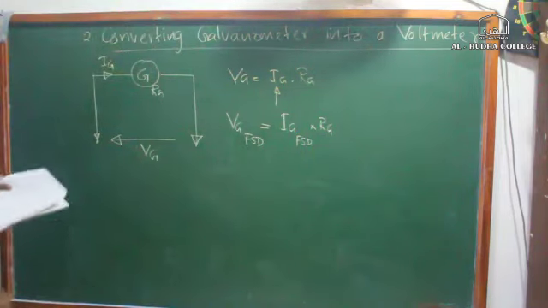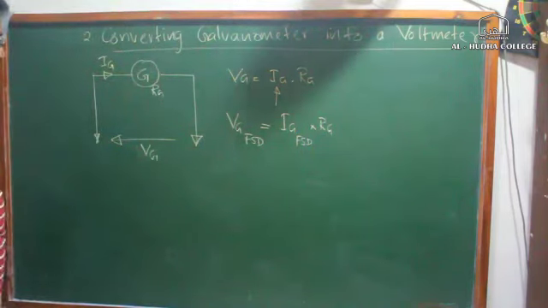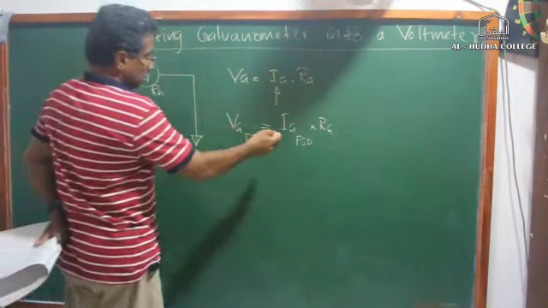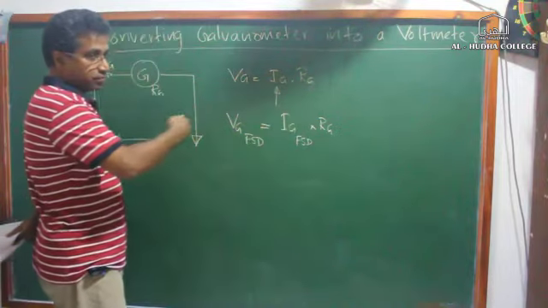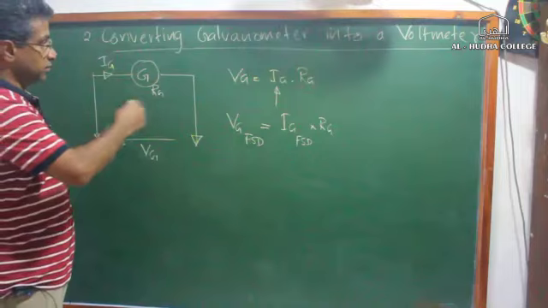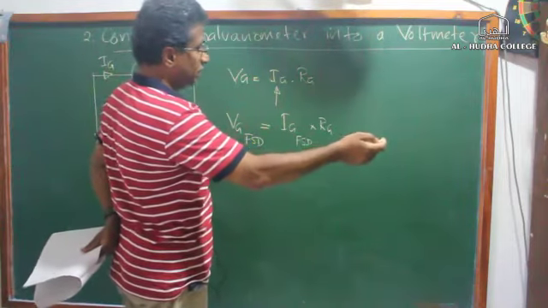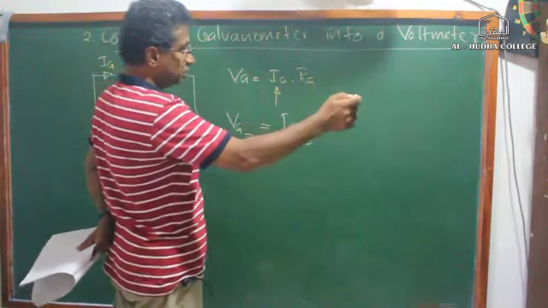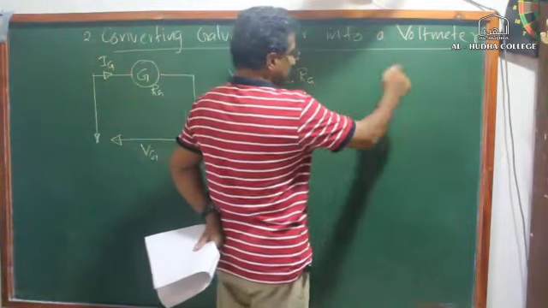So what we have to do now: the galvanometer comes with a scale reading of 0 to 100 milliamps. Now we have to rescale it to read the voltage value.